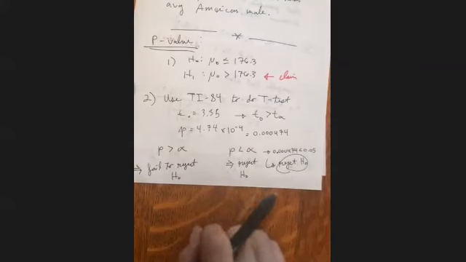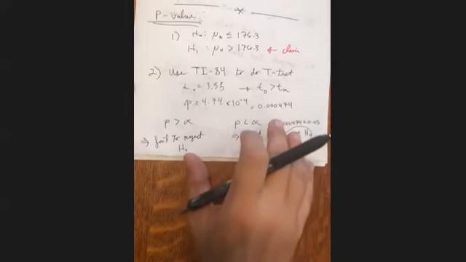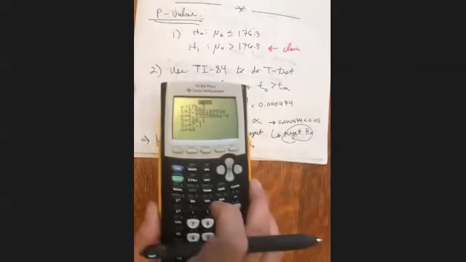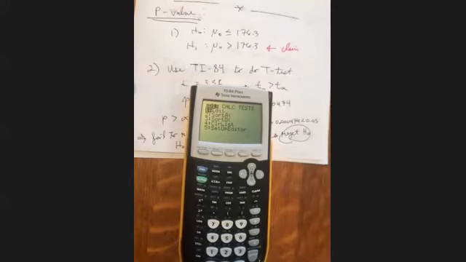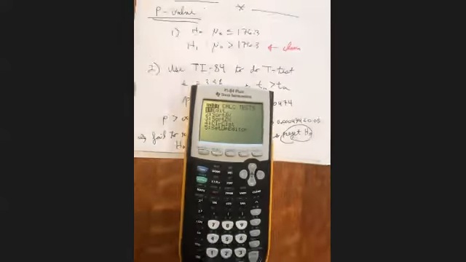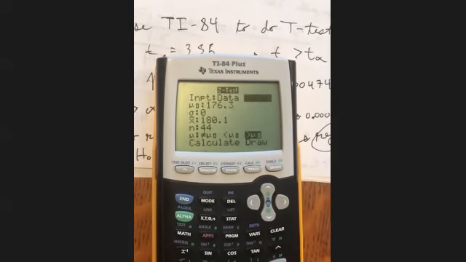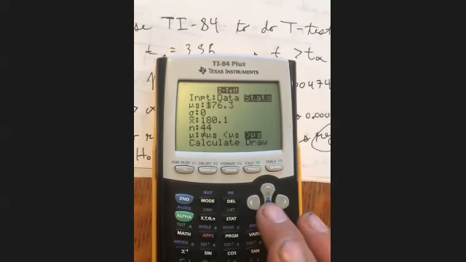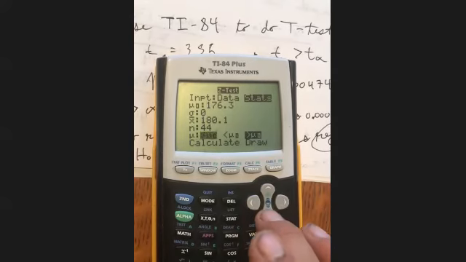This approach can also be used for population proportion problems, but the only difference would be that instead of doing a t-test, we would do a z-test, because for the population proportion, we know that we have a normal distribution. So here you would input all of this information as you need it, very similar to what we had for the t-test.